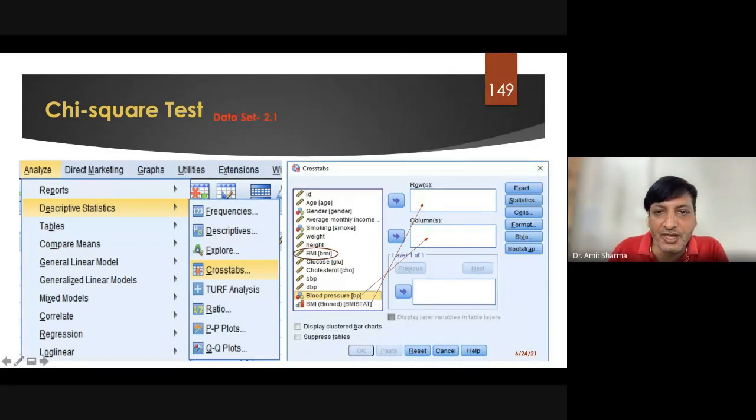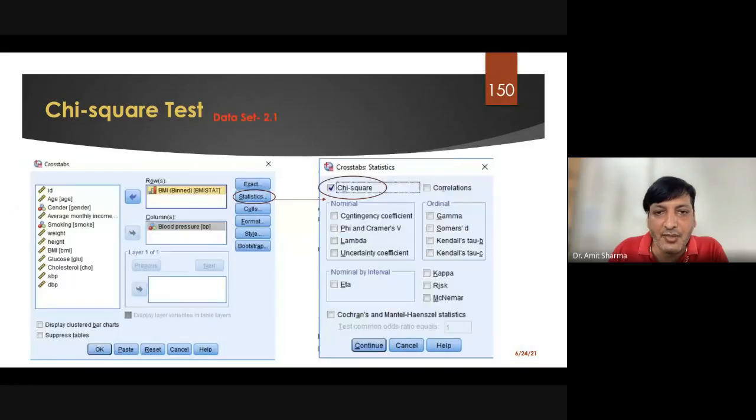As you click on Crosstabs, this is the Crosstabs window, and you can see I'm going to use two variables: BMI, which we binned yesterday, that is, BMI data given in terms of categories, with the category of blood pressure.